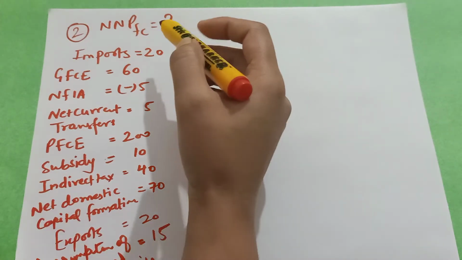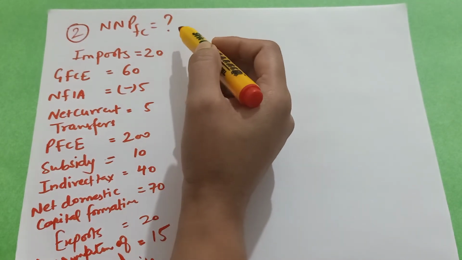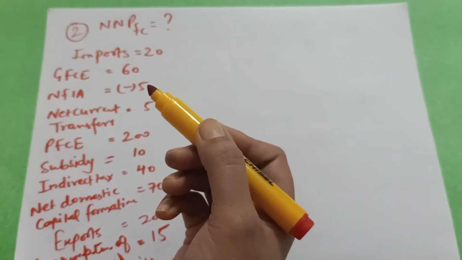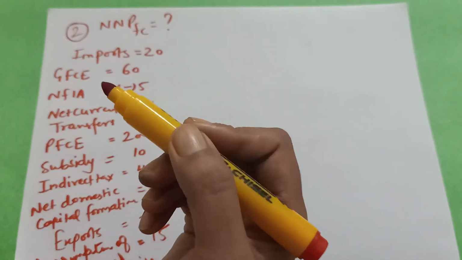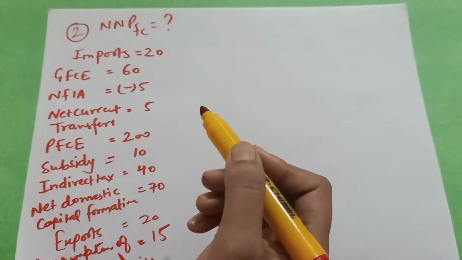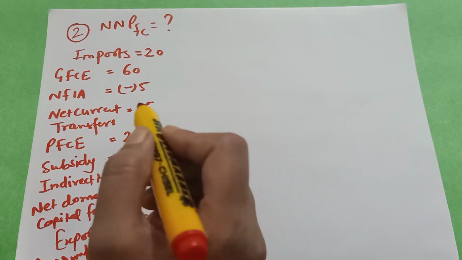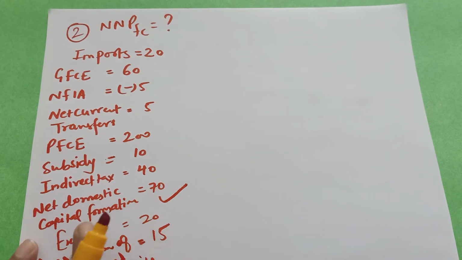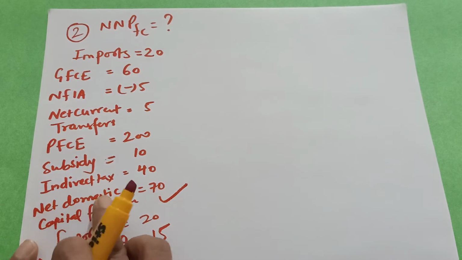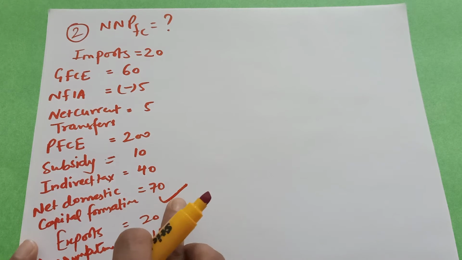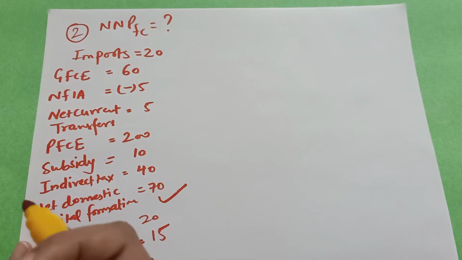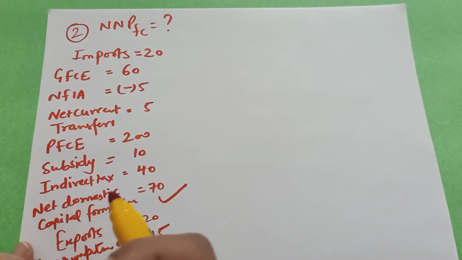Now in question number 2, we have to calculate NNP-FC, and the second type is given. In the first question, gross domestic fixed capital formation was given. Now here net domestic capital formation is given. The procedure is the same, but we have to calculate GDCF, gross domestic capital formation.